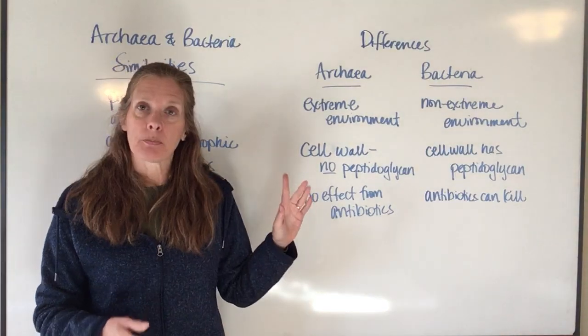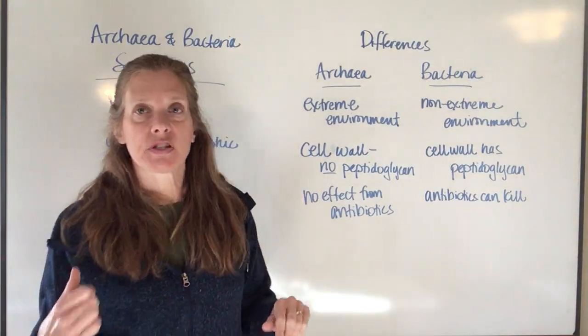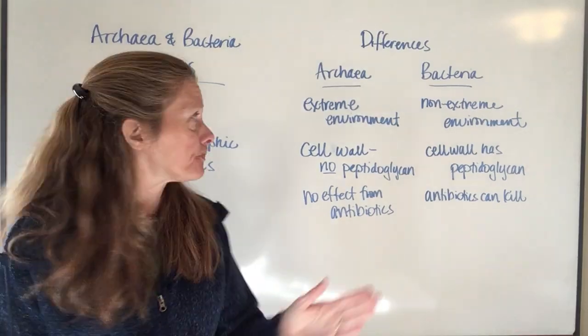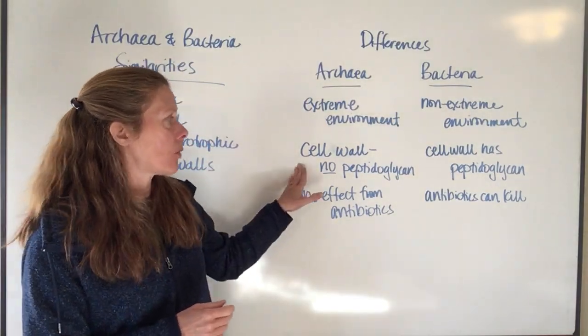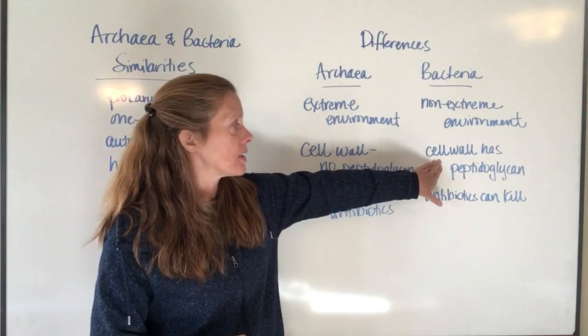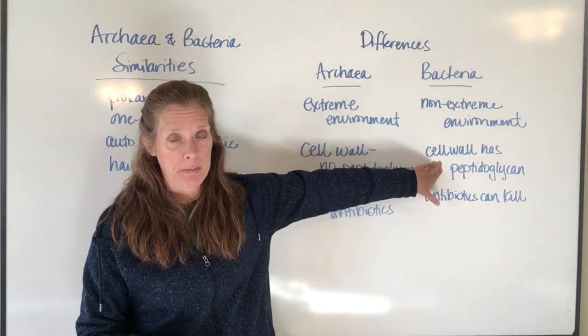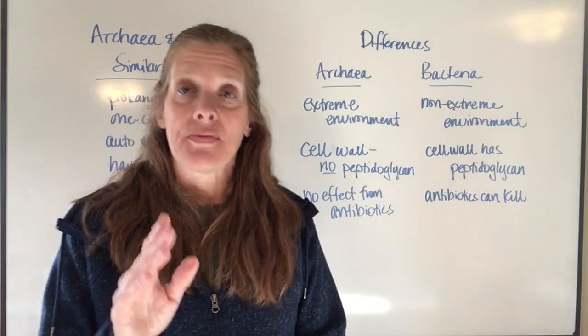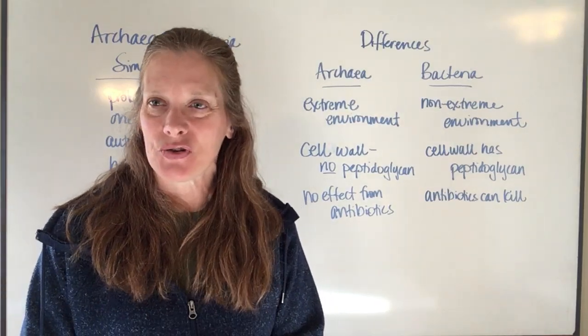I mentioned that both Archaea and Bacteria have cell walls, and there is a key difference in a component of those cell walls. Archaea have cell walls that do not contain peptidoglycan, whereas bacterial cell walls do have peptidoglycan. Now, you have no idea at this point what that means, and that's okay, because we're going to get to it another day or two.